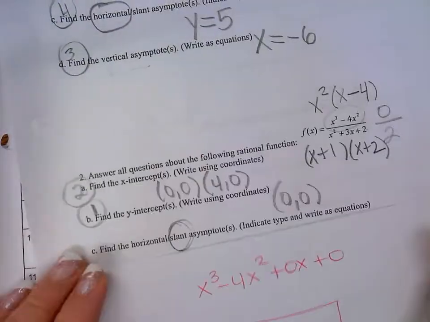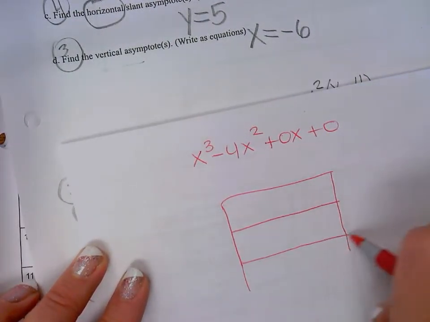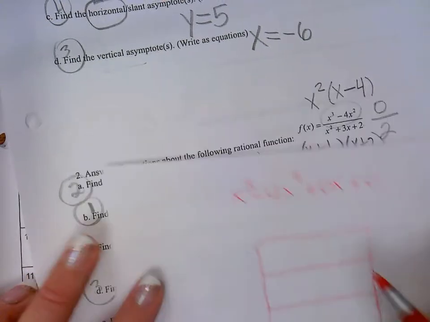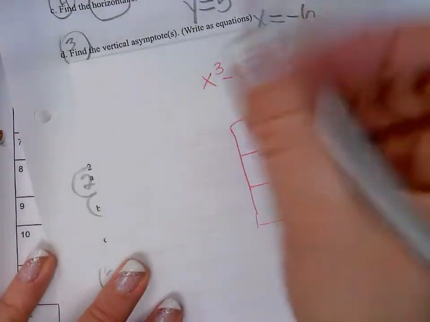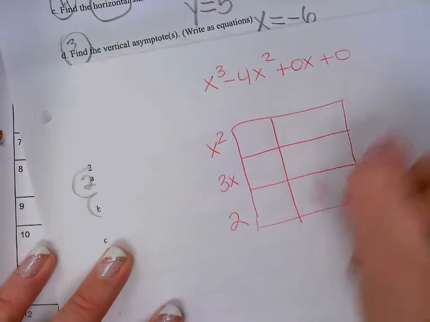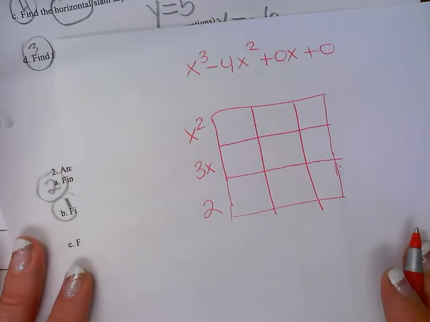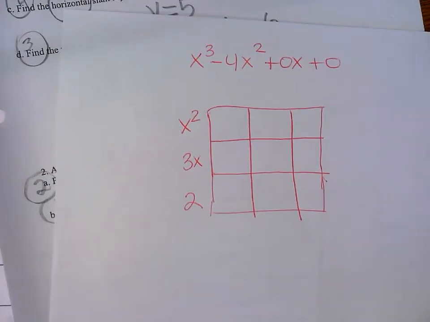So we are going to do this trinomial as our divisor. So our trinomial is x squared plus 3x plus 2. So x squared plus 3x plus 2 is going to go down the side of our box. So I'll give you a second to just get that set up somewhere on your paper or on another piece of paper.